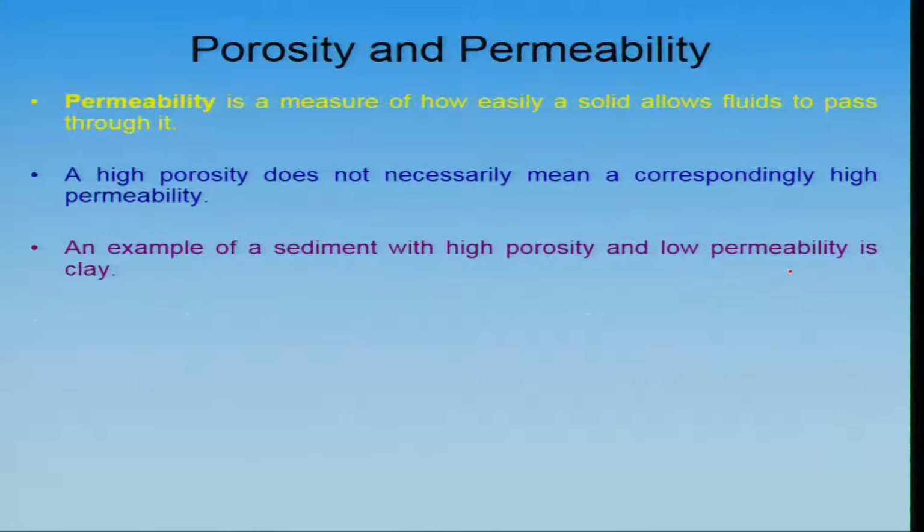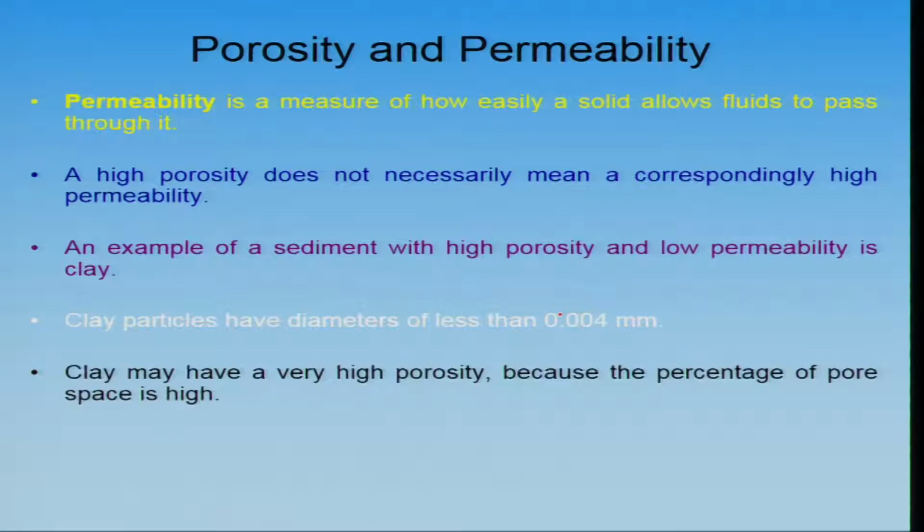And this is because the clay particles have a diameter of less than 4 microns. Okay. So, the clay may have very high porosity because the percentage of pore space is high, but the permeability is quite low here.